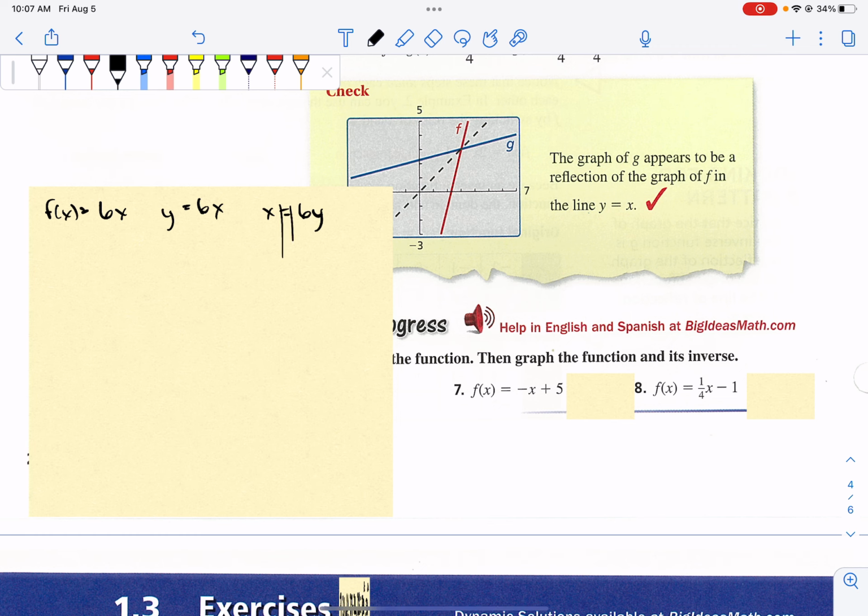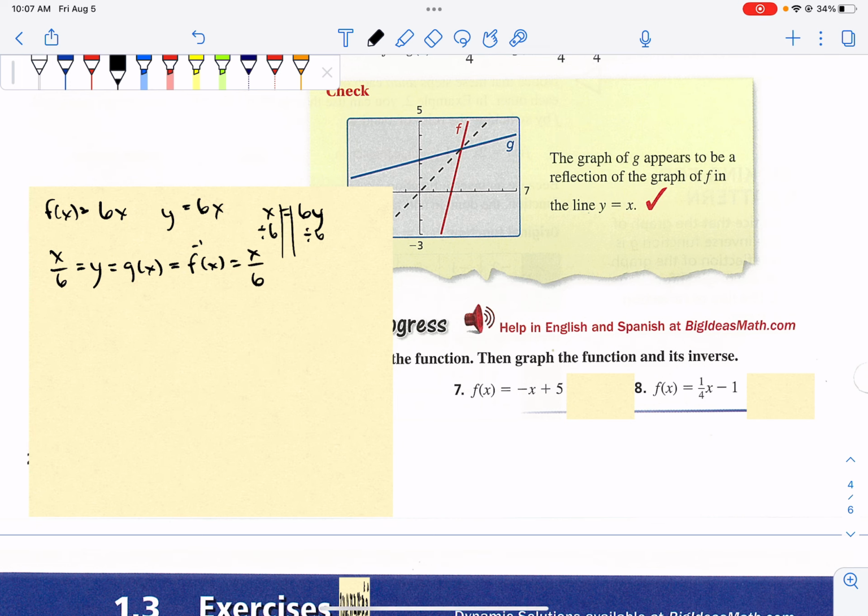So I do railroad tracks, and I divide by 6, and I end up with x divided by 6 equals y. So now I have a new function. This is my inverse function, g of x. But I would like you to call it f inverse of x equals x over 6.